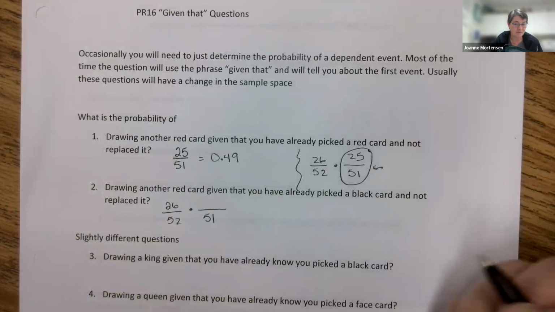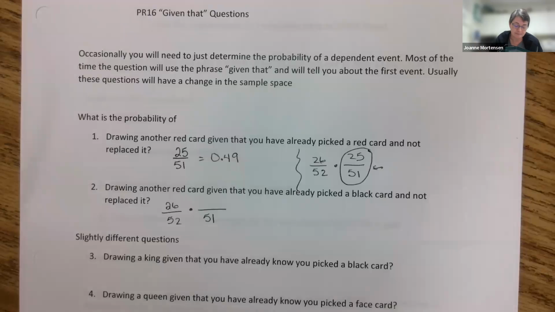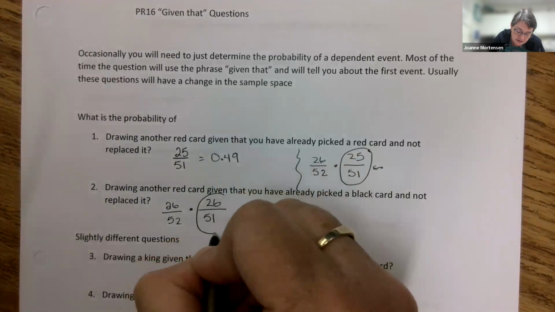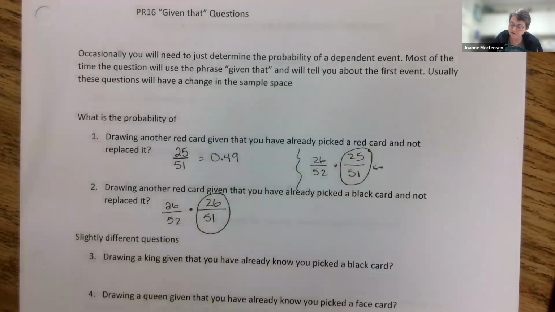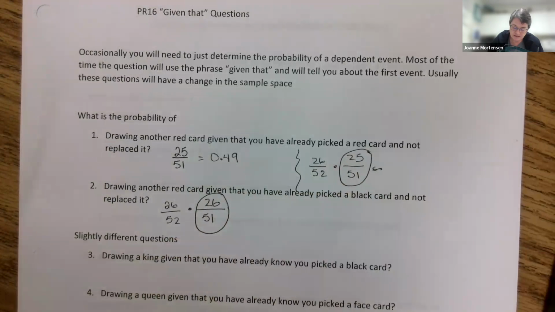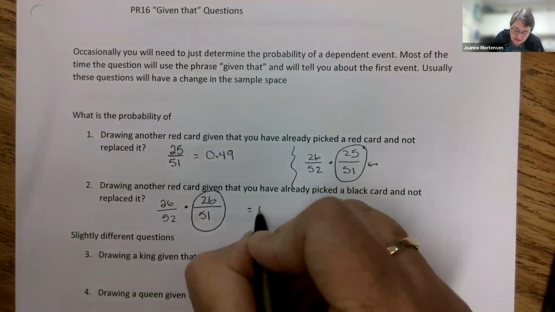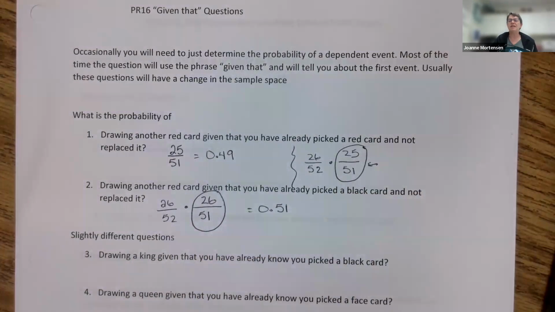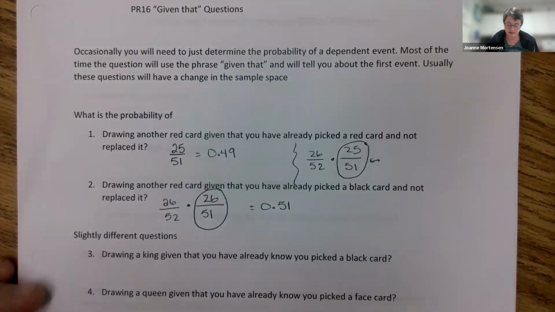Right, there's not 25 because we picked a black one the first time. 26 divided by 51, 0.51. And that makes sense, right? If you have a deck of cards and you pull out a black one, the chances of getting a red one should go up a little bit. And we know it's half when we started. So that's a good answer.